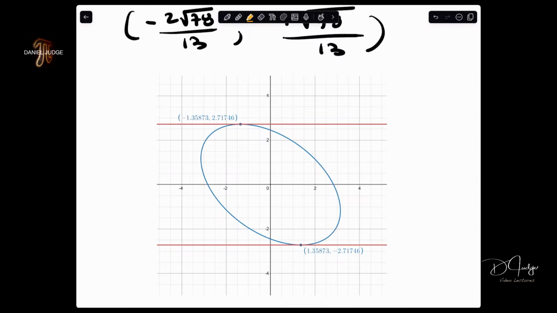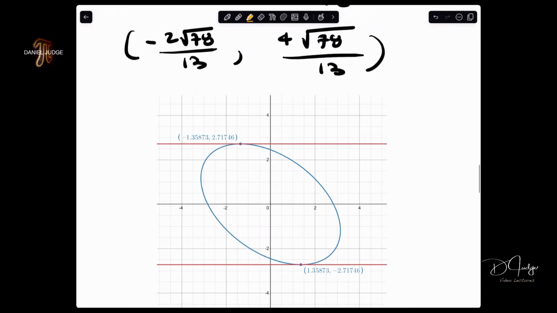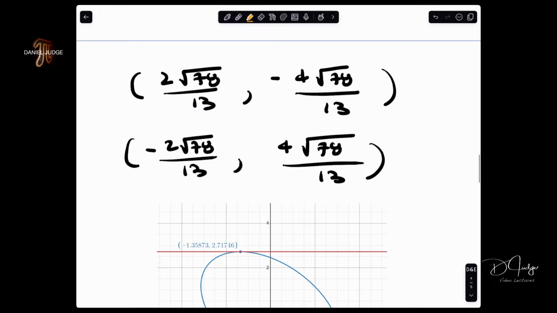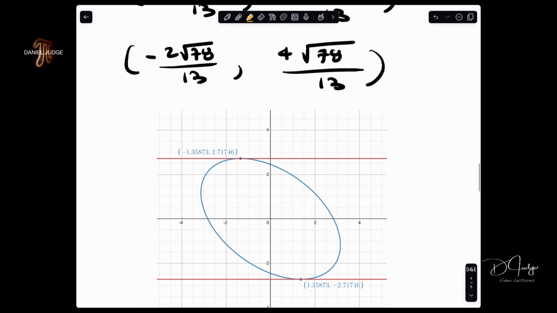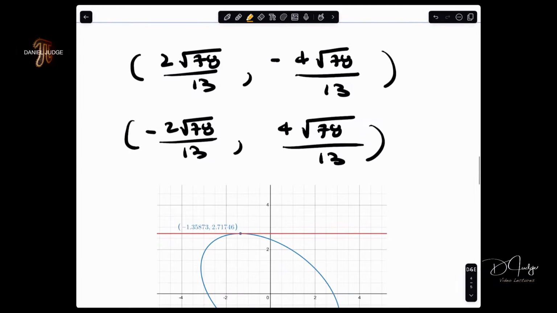And so, ladies and gentlemen, there you go. These are the x and y coordinates. These are the locations they're asking for. These are the points. I hope you enjoyed this demonstration.